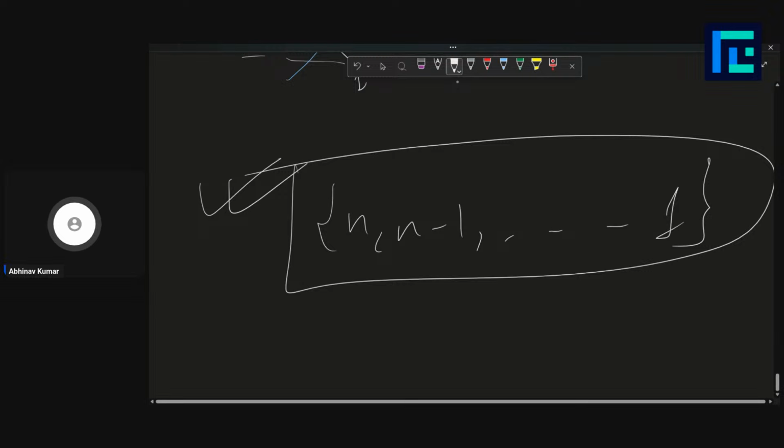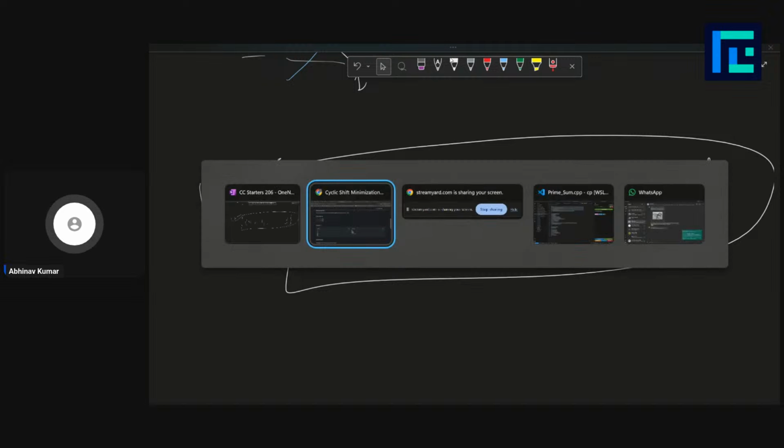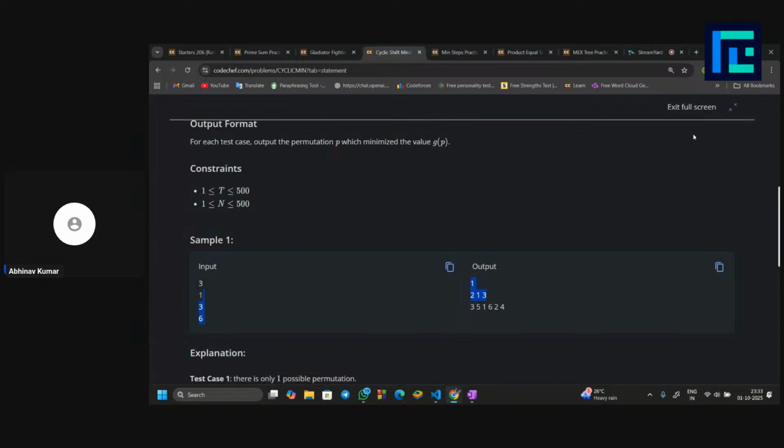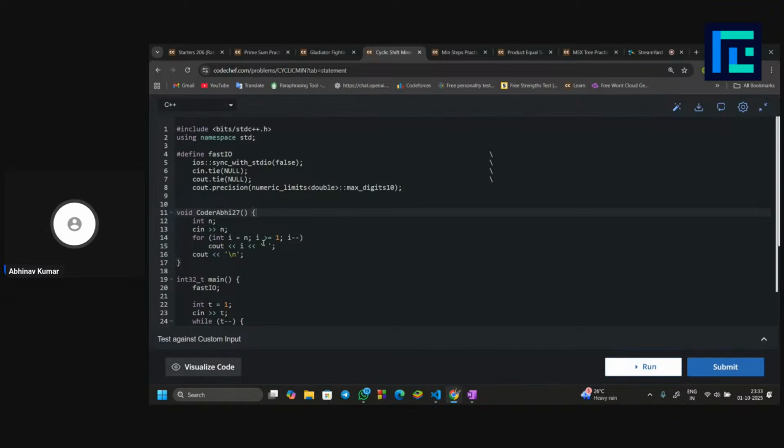Okay, so is this logic clear? If this is clear to you, the code would be quite simple.